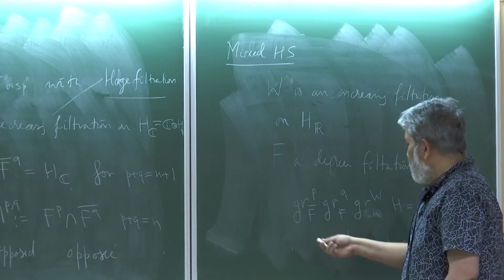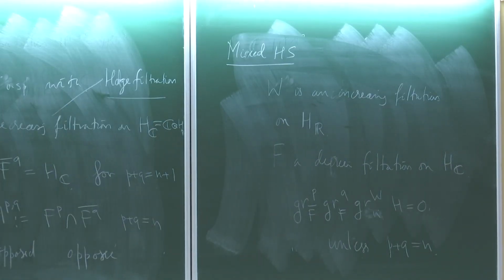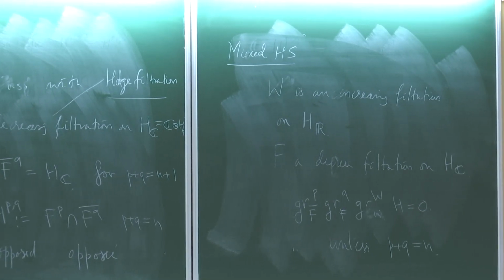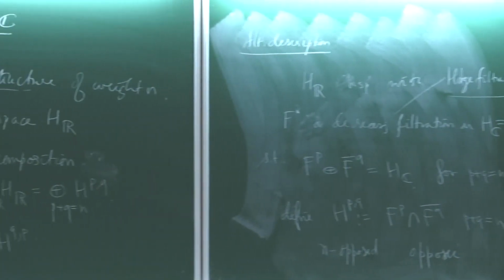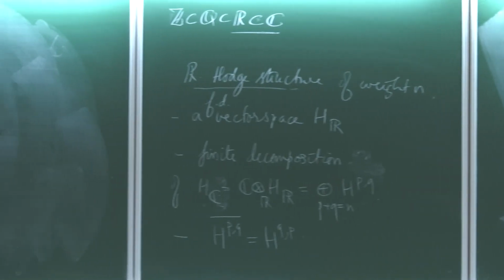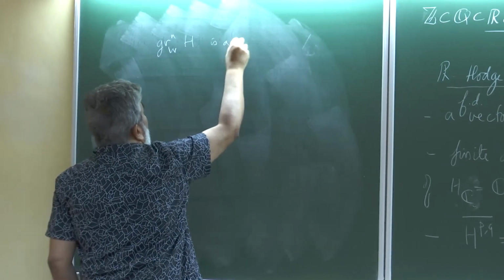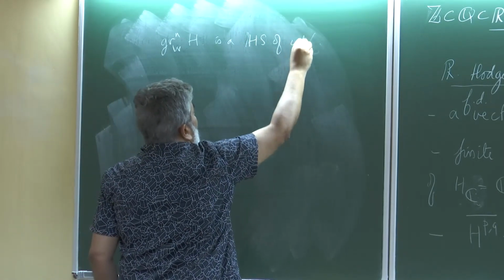Okay, so let me just write it down here so that it stays in one's head. So this says that if you look at gr^W_n of H, then it is a Hodge structure of weight n.